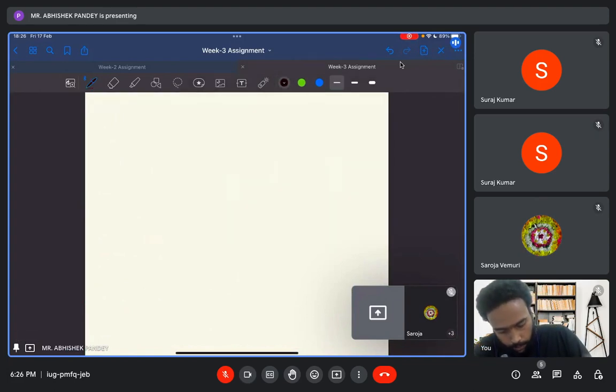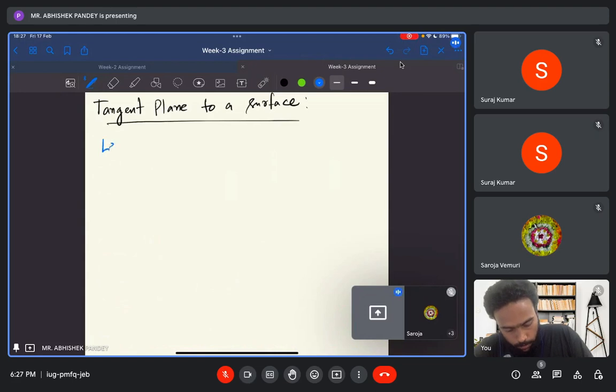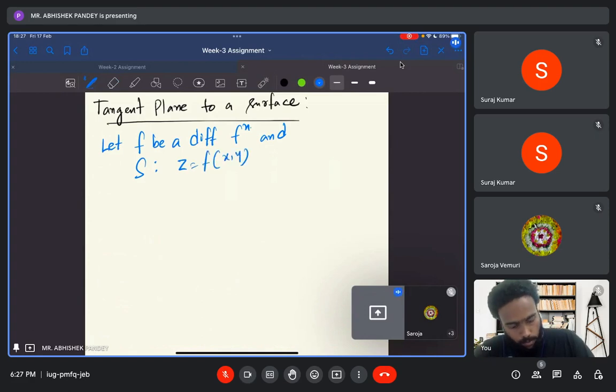So tangent plane to a surface. Okay. So let f be a differentiable function, and this is the surface S such that z equals f(x, y), be the surface.